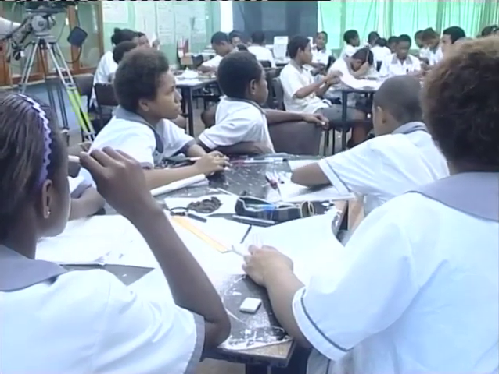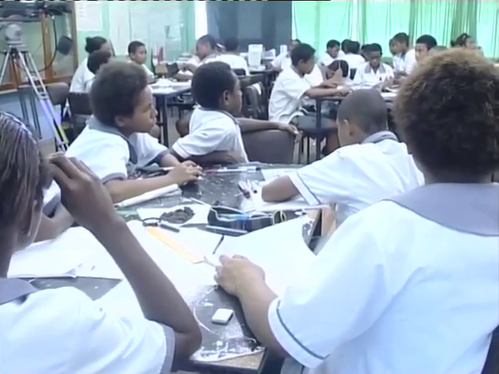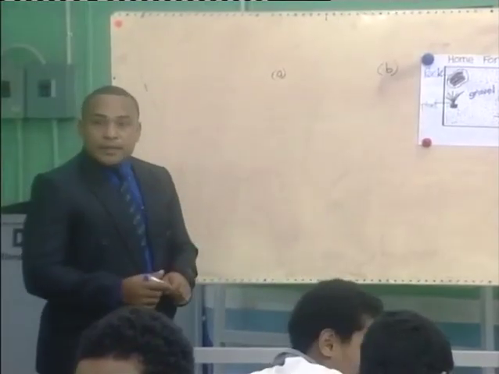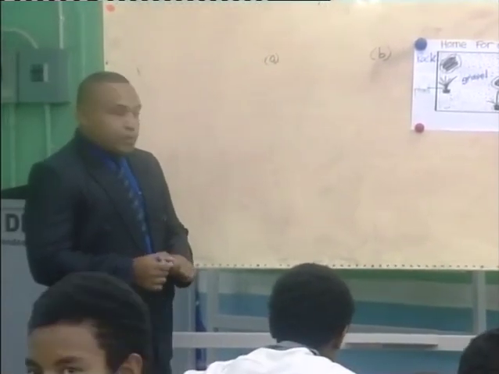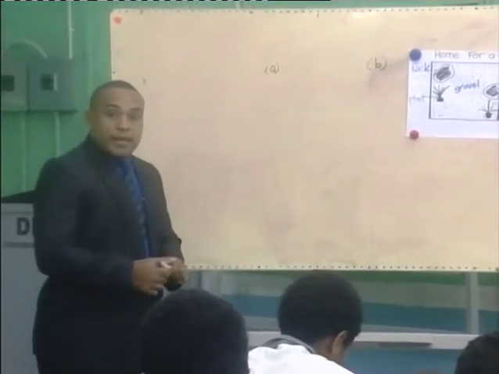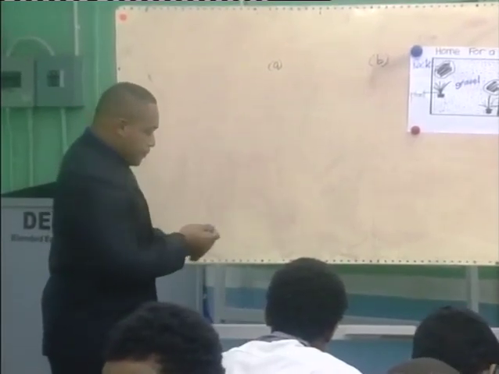You will look at the sample of the soil that you have on the table or on your desk. In your groups, you will do a mind map, brainstorm and do a mind map.